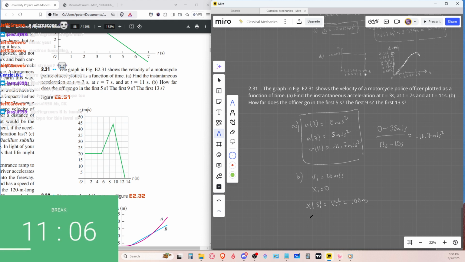And then for the first 9 seconds, 9 seconds is going to be up here. Because it's around 5-ish that it starts changing.